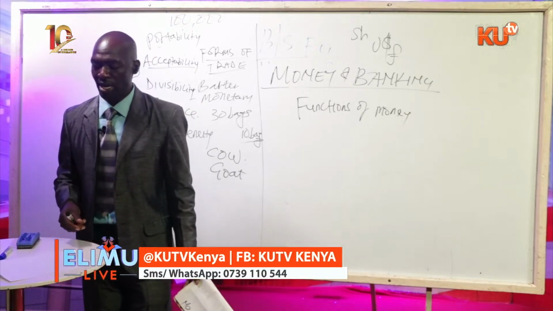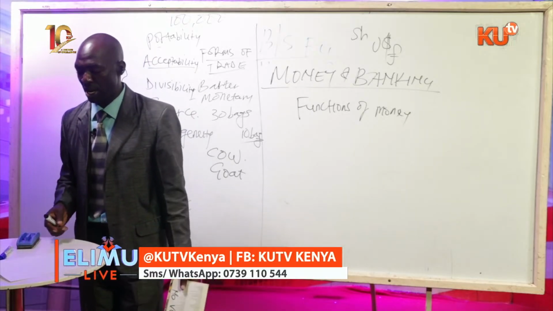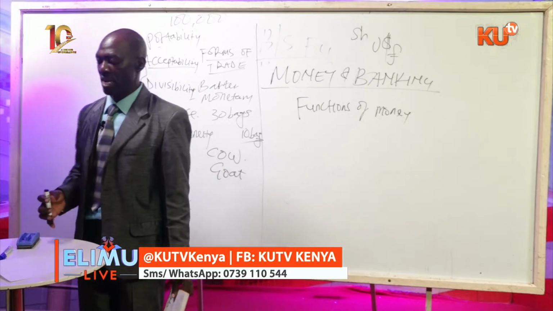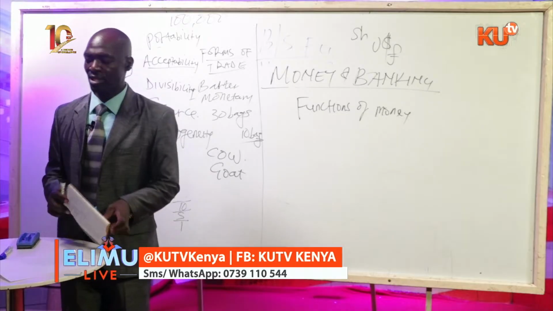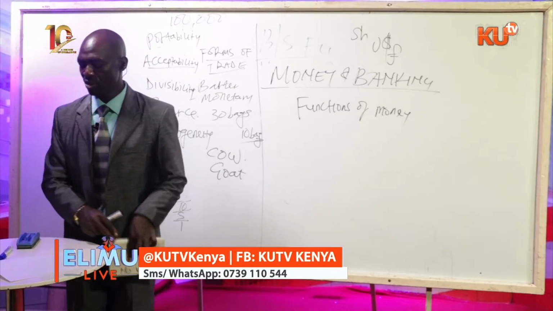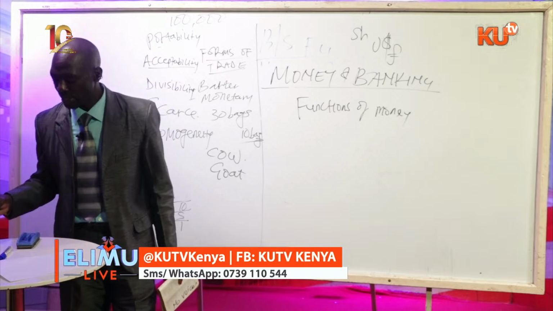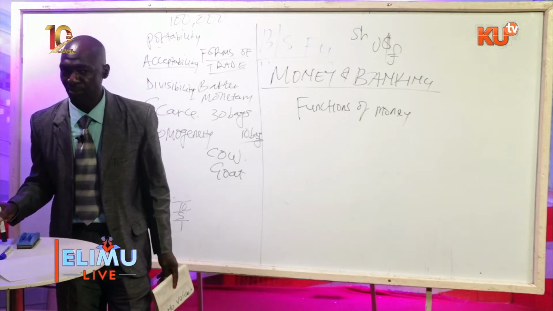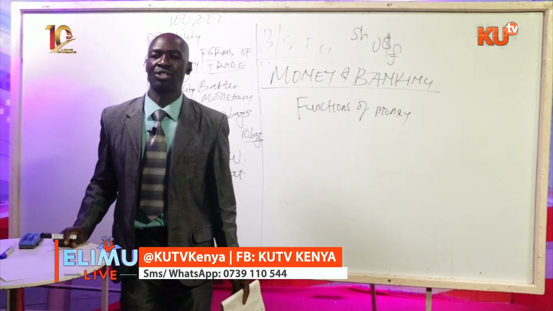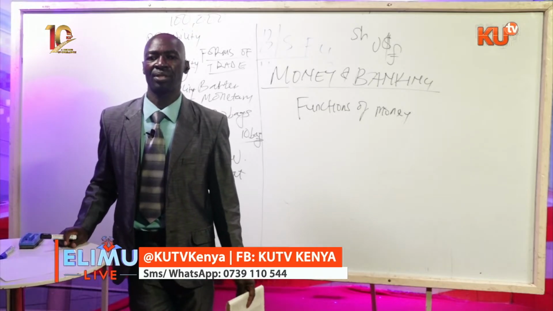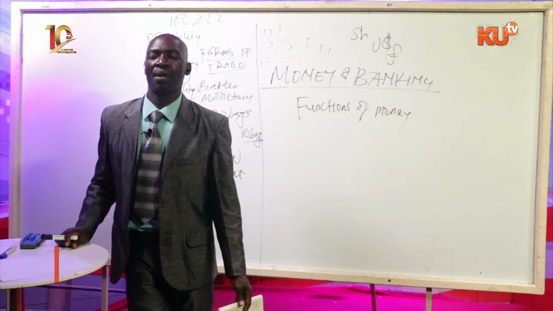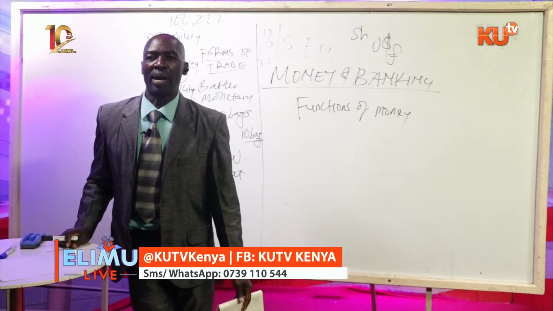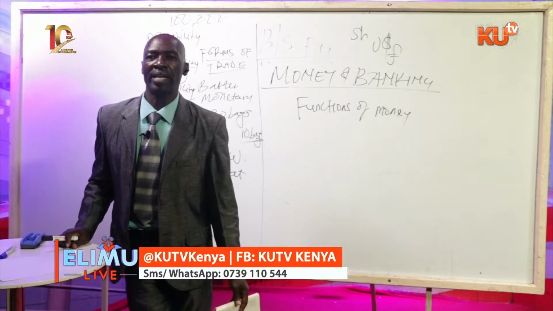Then we can look at another function of money. It is a store of value. Money is a store of value, whereby money is used to store your wealth in form of value.